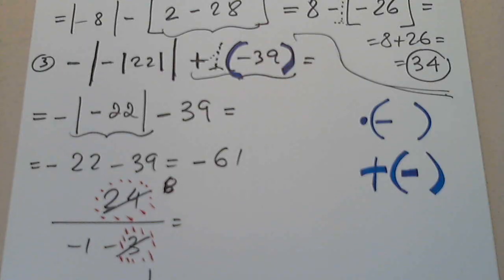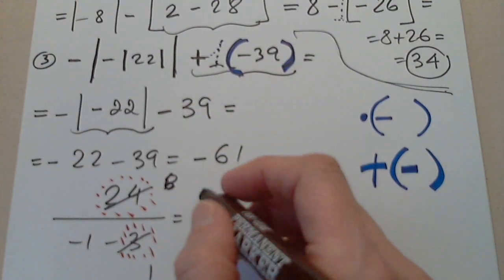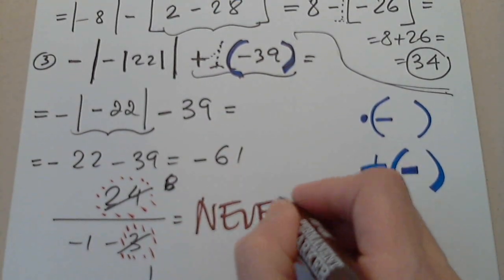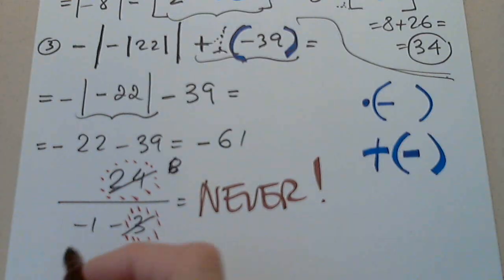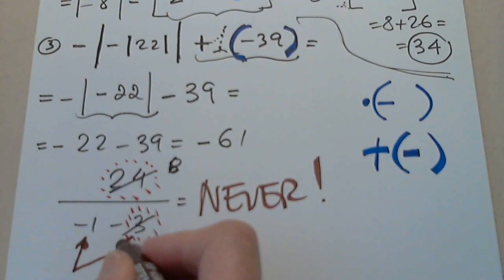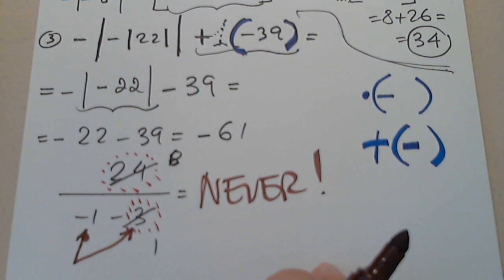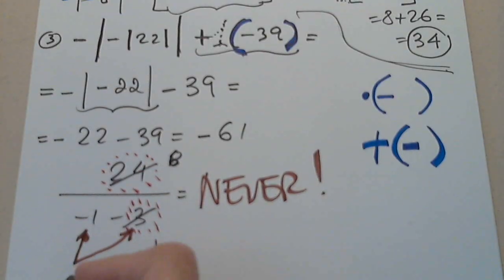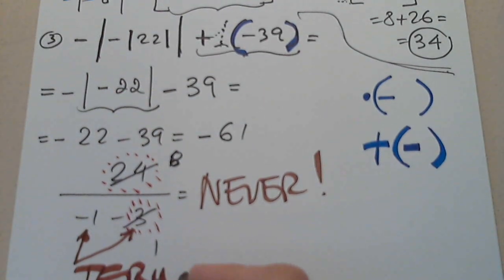Anybody? No. Say it again. No. No. Very good. Never. Why? Because this quantity and this quantity are not factors. What are they? Yes, they are terms.